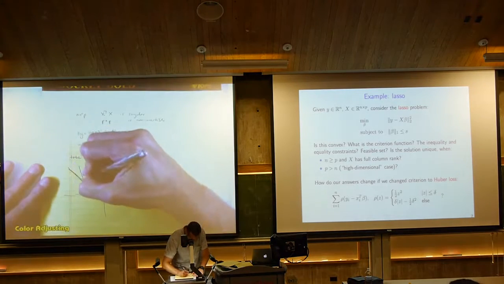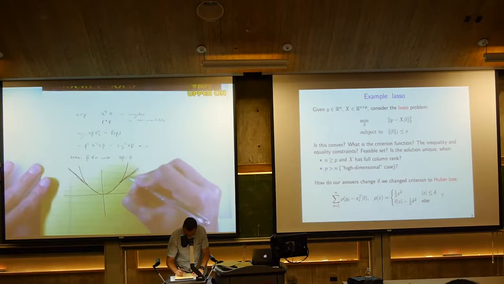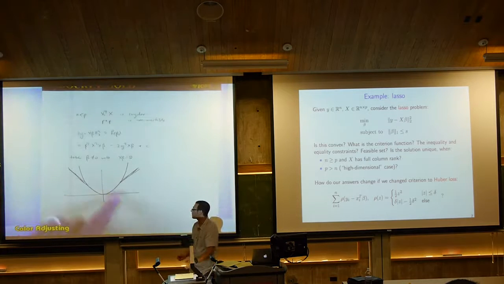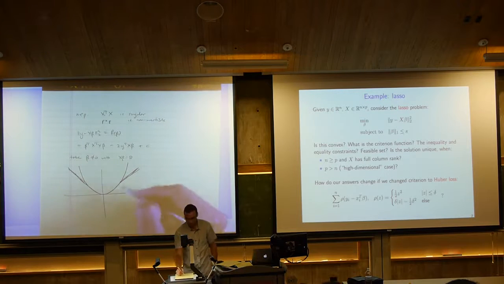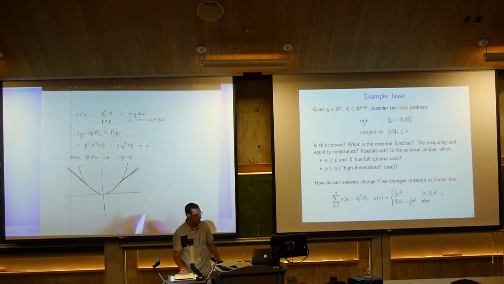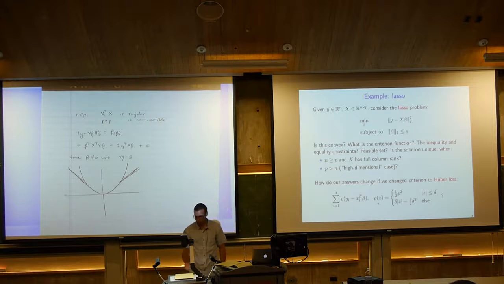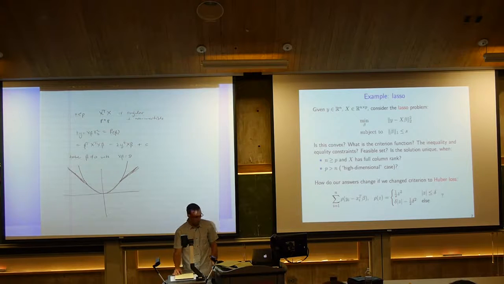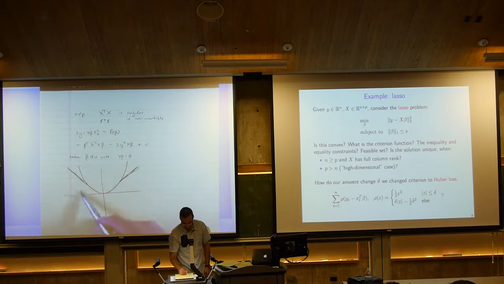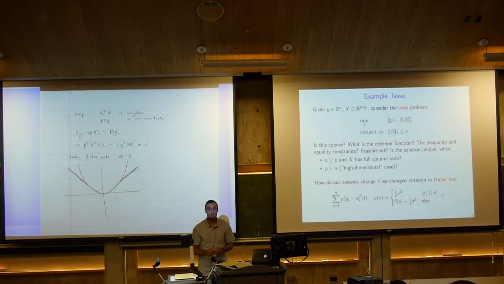So Huber loss is still convex. You basically clip the function at some point and make it linear rather than letting it continue on as a quadratic, but we do it in such a way that the function is still convex. This is the formal definition of this function. It's just called rho on the slides. This is sometimes used in statistics to make the problem more robust against outliers.